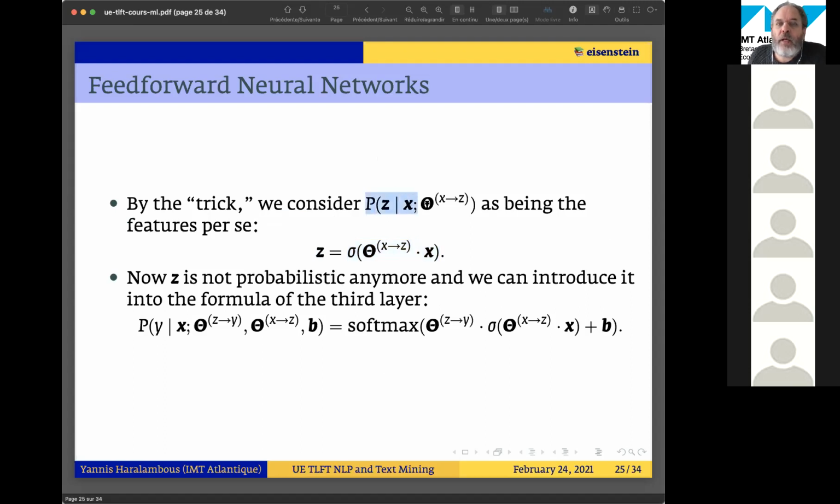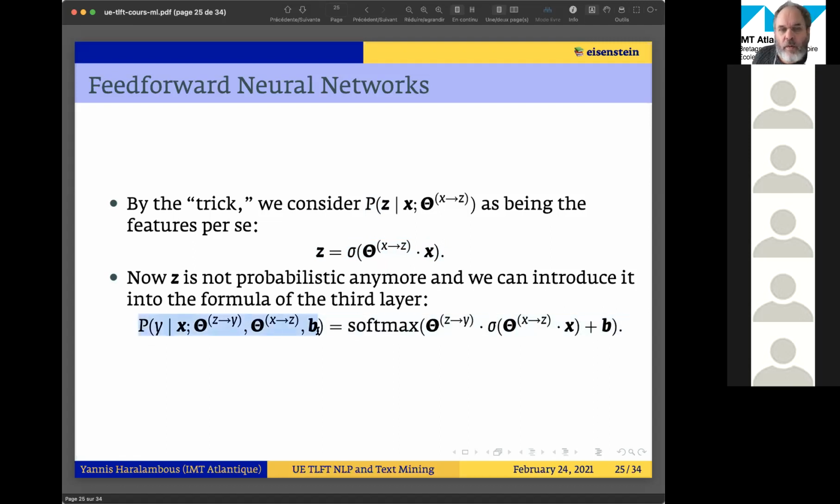So we don't calculate the probability of Z being something because we don't know what Z is. We take Z as being exactly this thing. So it's not probabilistic anymore. It's just the activation of the sum of the products. And we can put this into the formula of the next layer.